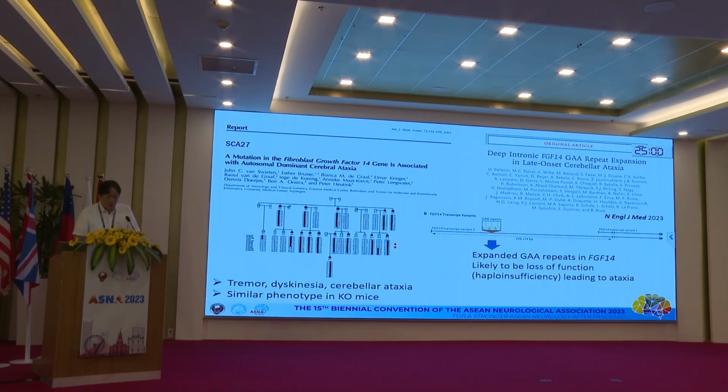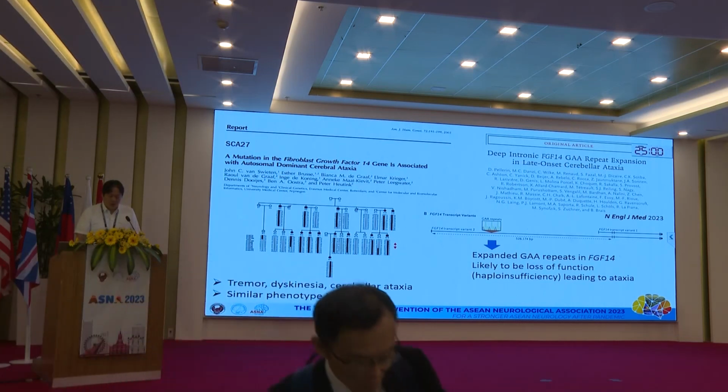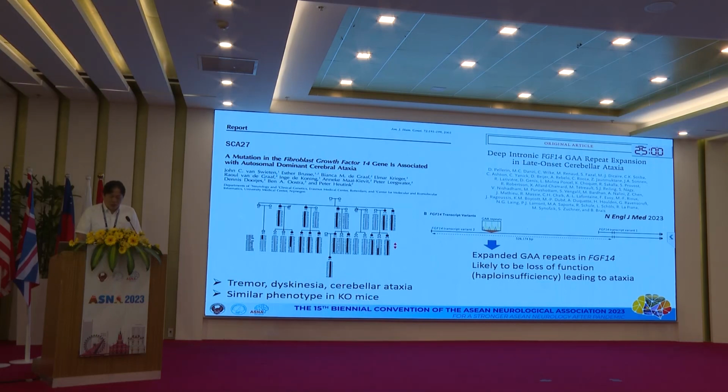A severe phenotype was found in knockout mice. This year, GAA repeat expansions in the deep intron of FGF14 have been found in ataxic patients. This GAA repeat likely causes loss of function or haploinsufficiency of FGF14.